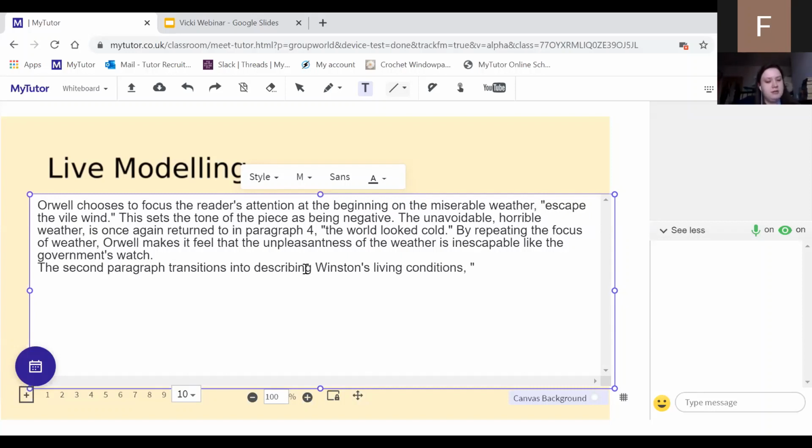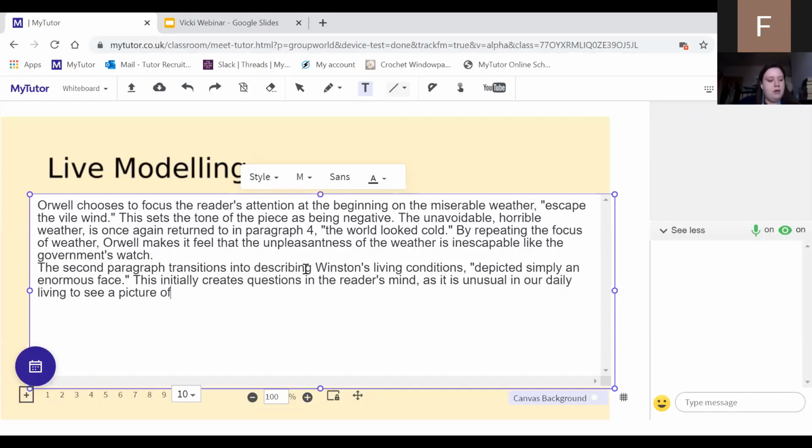So depicted simply an enormous face. So this initially creates questions in the reader's mind, as it is unusual in our daily life, say living, to see a picture of a large face.